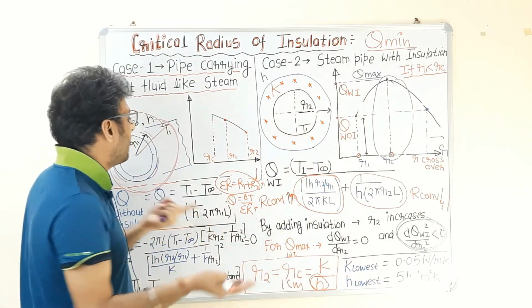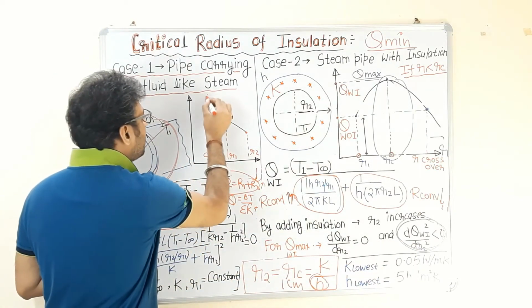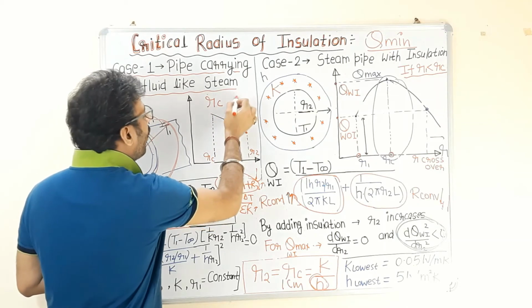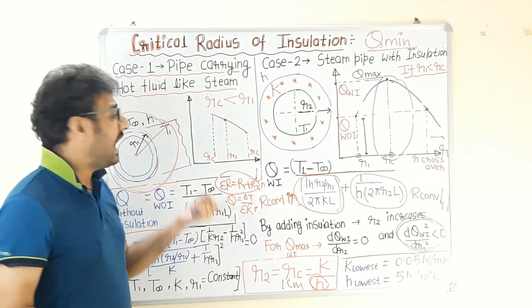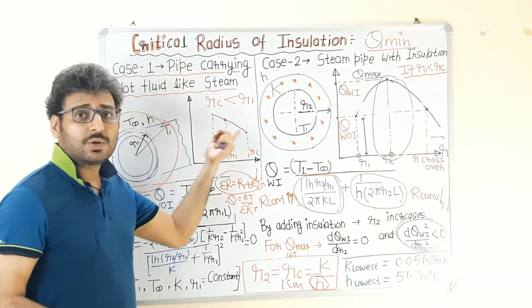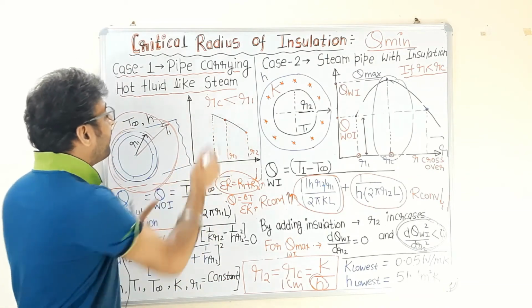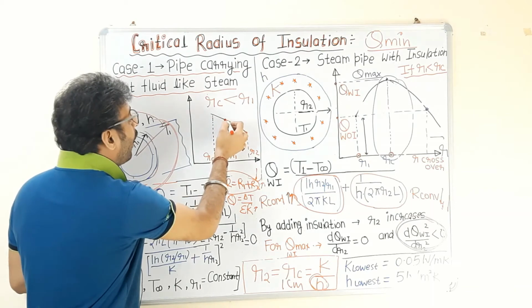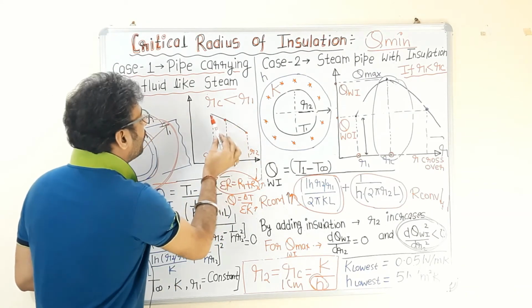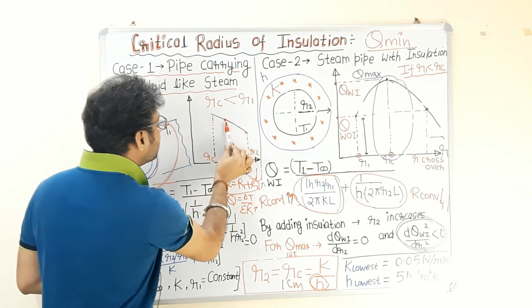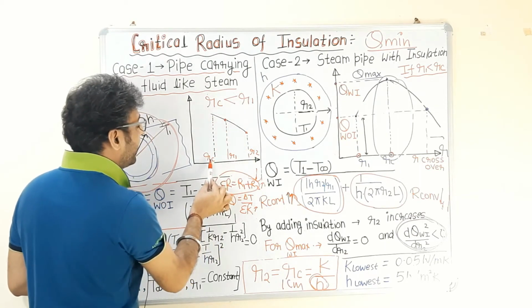In this case, if RC is lower than R1, then after applying insulation, the heat transfer rate will always decrease, because we are here on the right hand side of the critical radius.